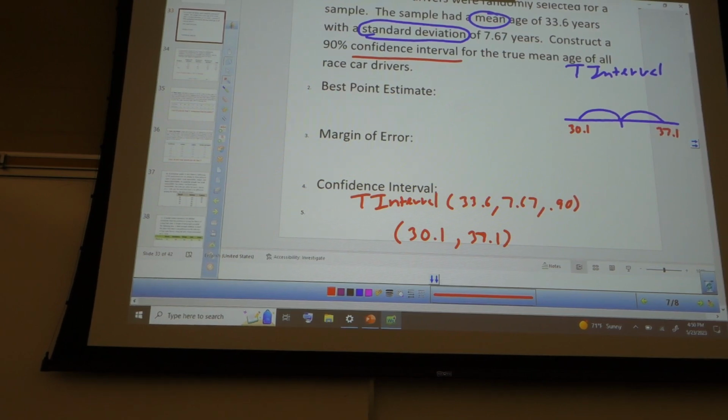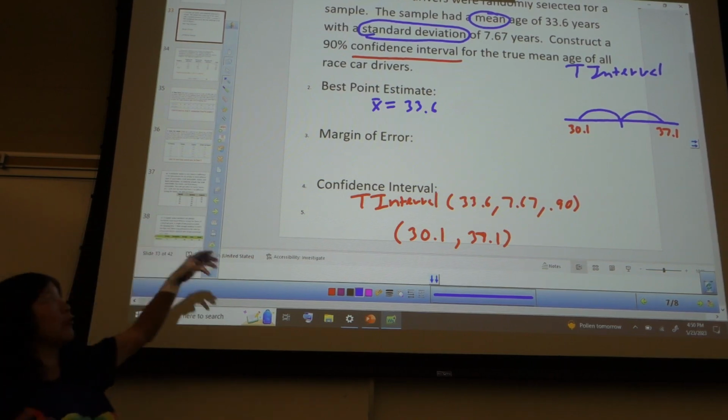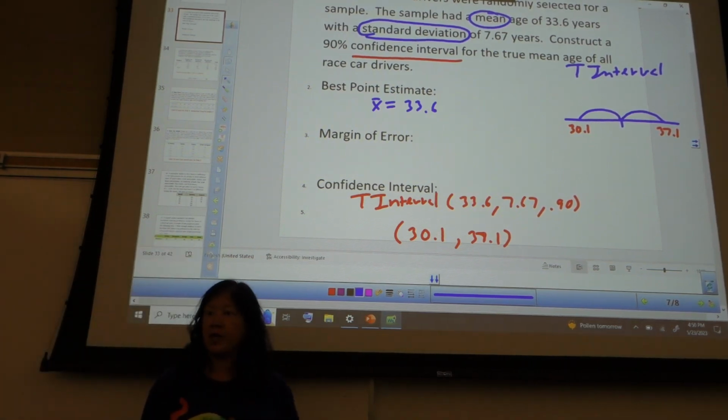My best point estimate is what? That's my mean. Your best point estimate is your x bar or your p hat. In this case, since it's a mean, it'll be x bar. If it was a proportion, it'd be p hat. Please note, you can't just give me everything. If you write down x bar and s and all sorts of other stuff, you're going to get no credit.